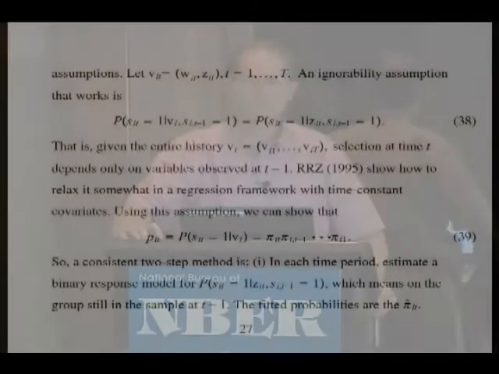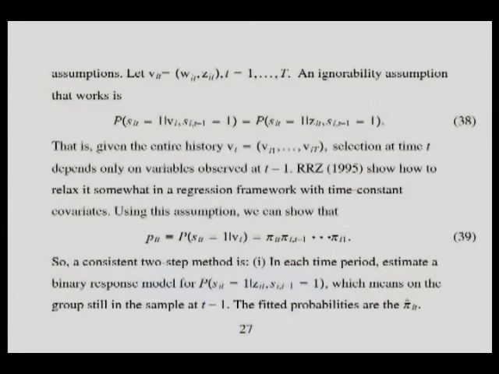Well, this is where the assumptions really get strong. I'm writing down the simplest version of the assumption that makes it clear that the procedure works. The Robbins et al. paper shows that some weaker set of assumptions do work. They focus on the regression case.